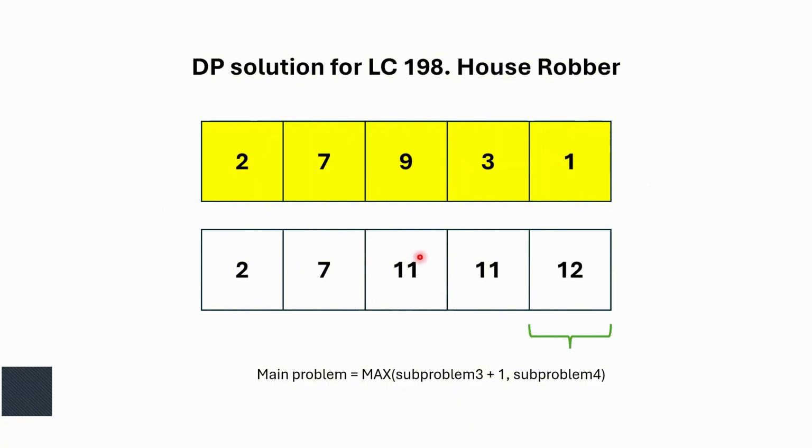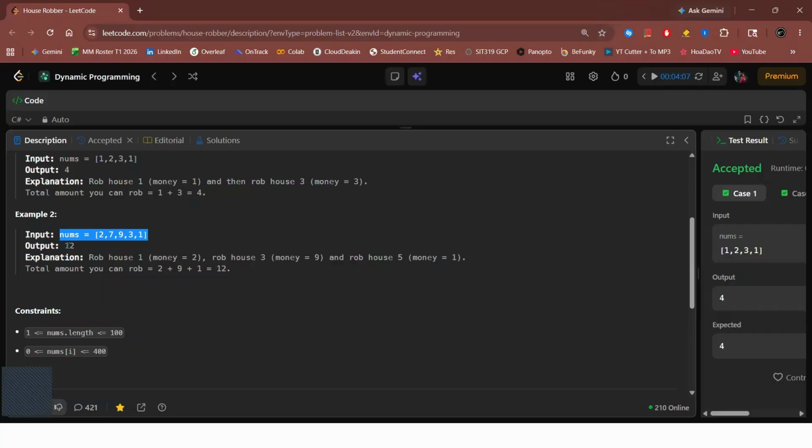So if I decide to rob this house, then we add 1 to the maximum amount of money I have got up to this house, that is 11, so that's 12. Or I can ignore this house and just rob everything I can up to the previous adjacent house, which is 11. Obviously 12 is greater than 11, so we would choose 12. And 12 is also the correct answer for this input.